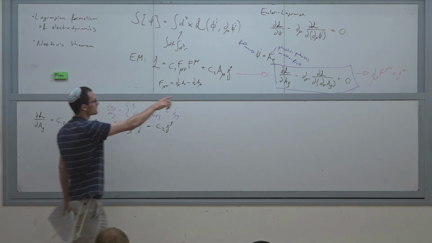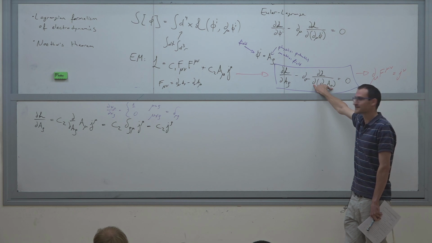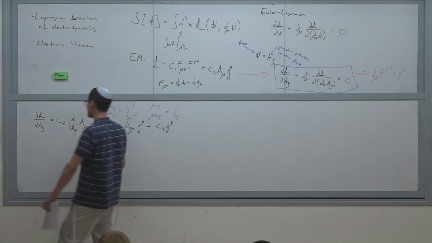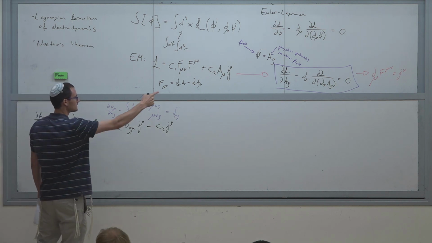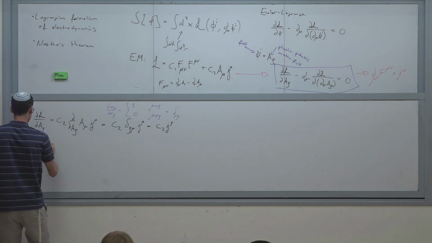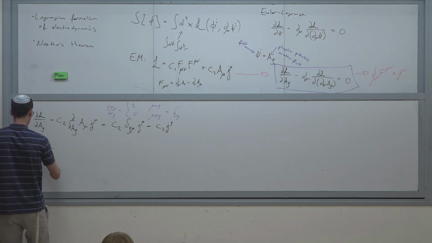The second term in the Lagrange equation, that's where it gets complicated. So let's start with just the derivative of the Lagrangian without the d sigma. So we want to compute next dL to d sigma A rho.